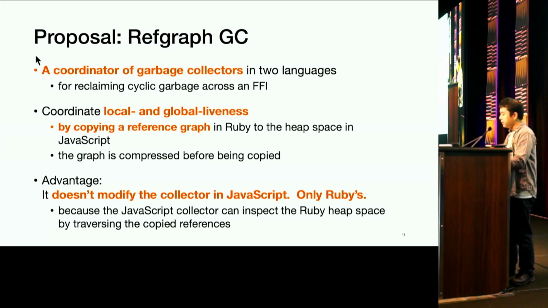The graph is compressed before being copied. So an advantage of our approach is that it does not modify the collector in JavaScript. It modifies only Ruby's collector, because JavaScript's garbage collector can inspect the Ruby heap space by traversing the copied reference graph.